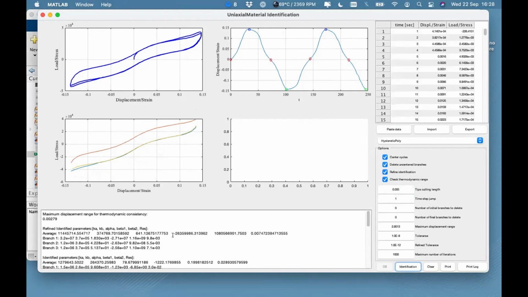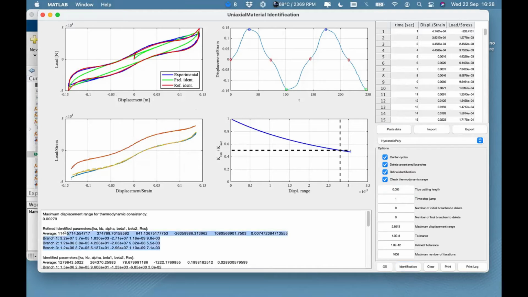One important thing is that here we get the results, and we have different parameters for each branch of the loop. The ones that we usually take for computations are just the averages of the ones relevant to the branches.